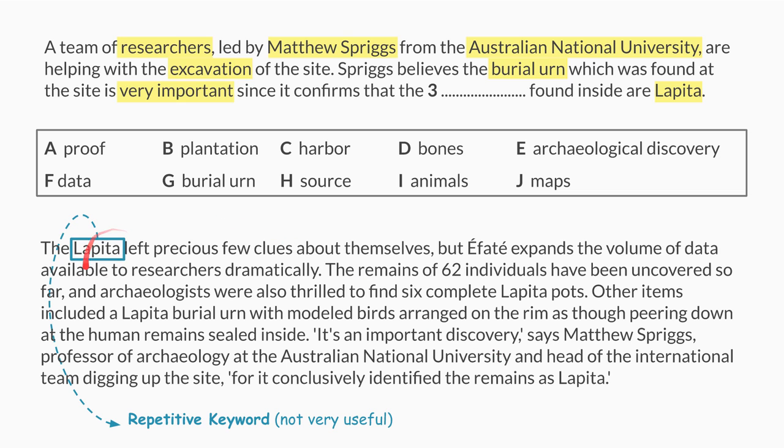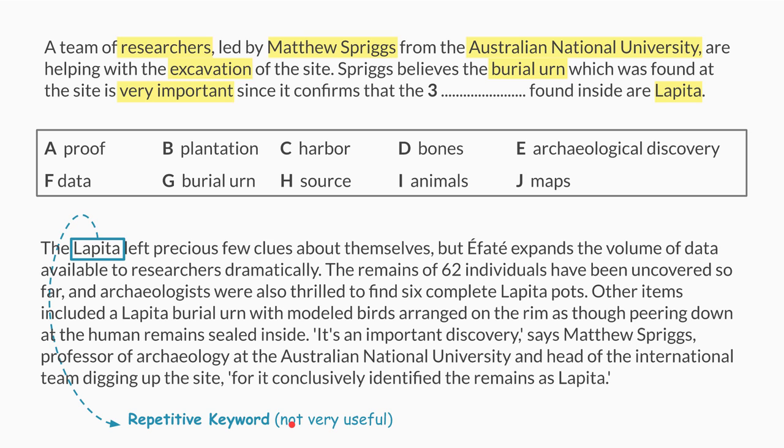And the keyword over here, Lapita, now you might think that Lapita is one of our keywords, and this keyword only becomes useful after we have located our main keywords, Matthews-Briggs and Australian National University. Lapita is only valuable in this area, over here. But not right here, not really, because over here, we're not sure if we're going to find our answer because this is a repetitive keyword.